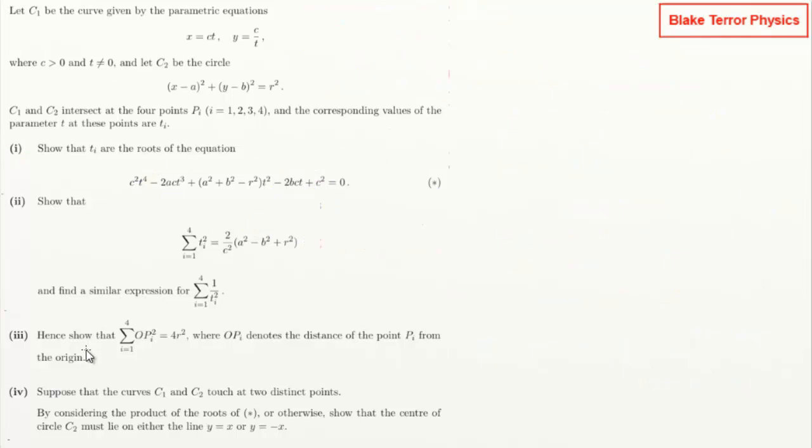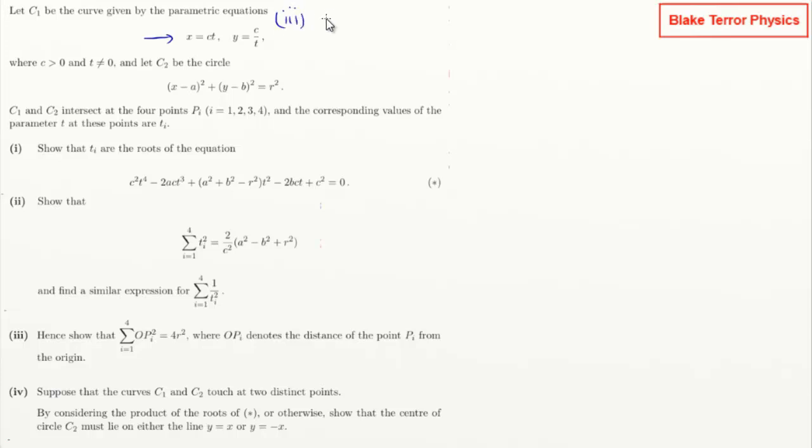Hence show that the sum of OPi squared, so OPi is the distance from point P to the origin, okay, is equal to 4R squared. So that's going to come out quite easily off of these, because these are our XY coordinates. That's what's so nice about these parametrics.